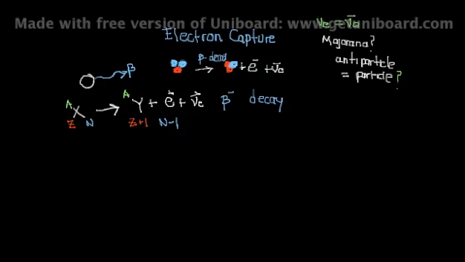So the problem that I now want to try to understand and explain, if it's possible, is the concept of electron capture. When we have one nucleus, let me erase this and write again the nucleus.